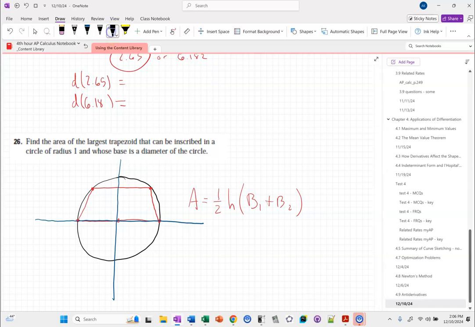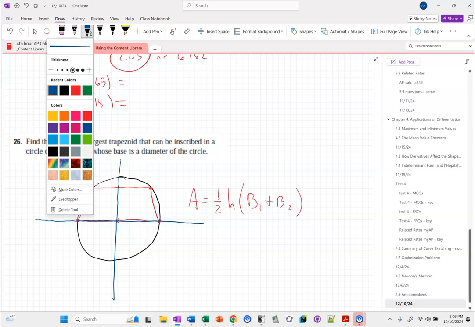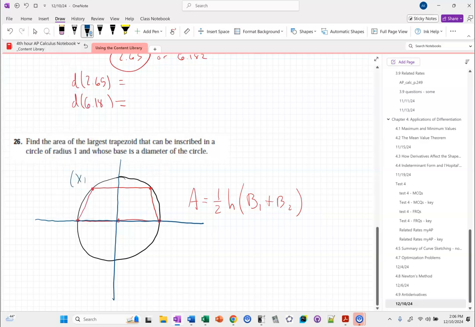So if I do that, those points are just some generic xy's, or really, I guess I could do that. That's -1, that's +1, right?